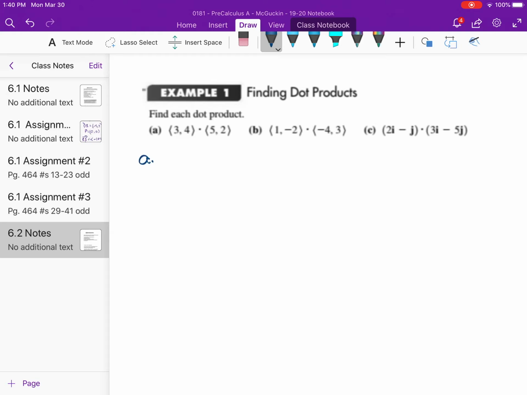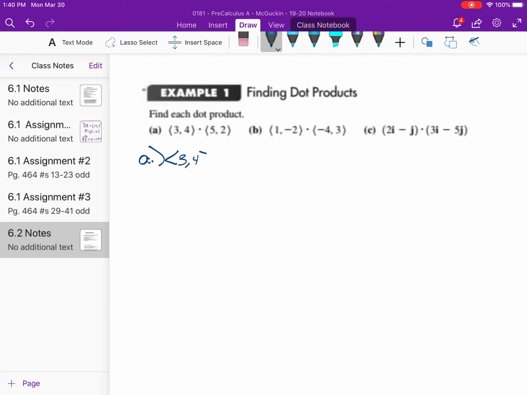Let's take a look at an example first and foremost. Let's take a look here at part A, and let's find the dot product of the vectors <3, 4> and <5, 2>. We're going to multiply the x components and add them to the product of the y components.